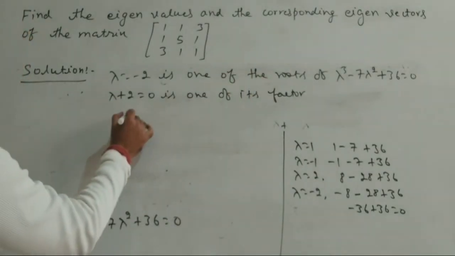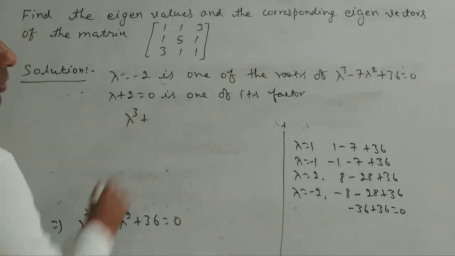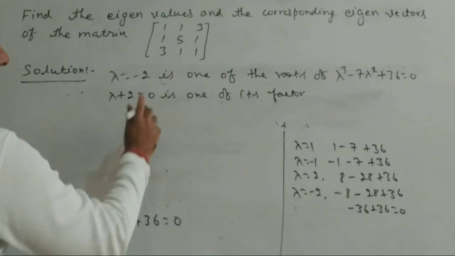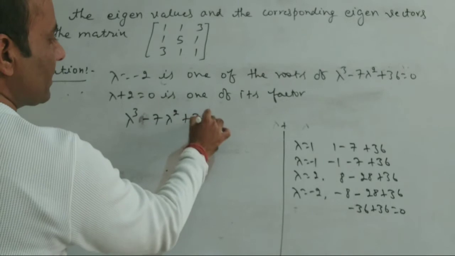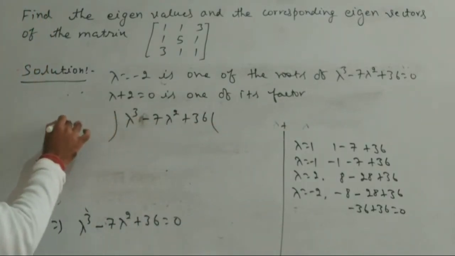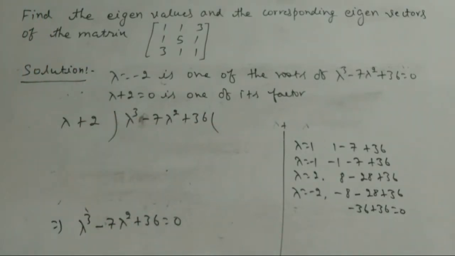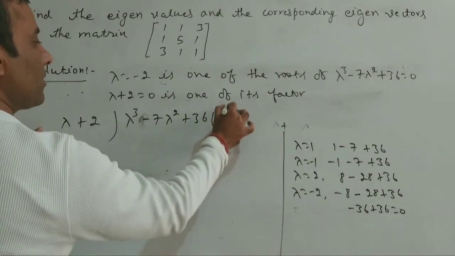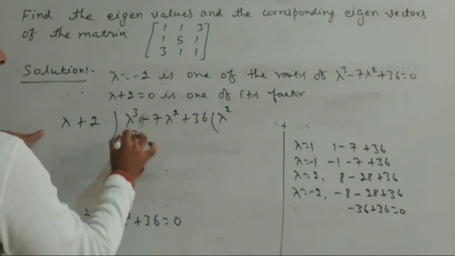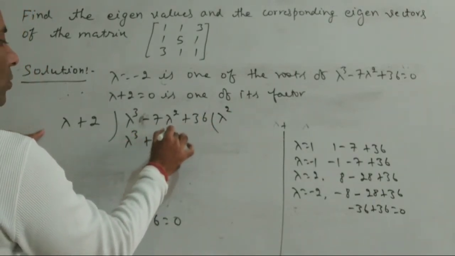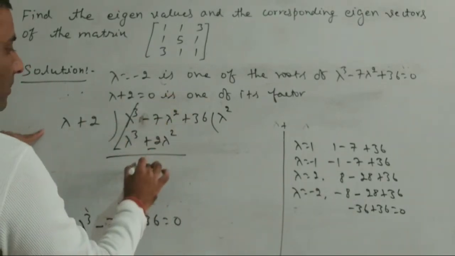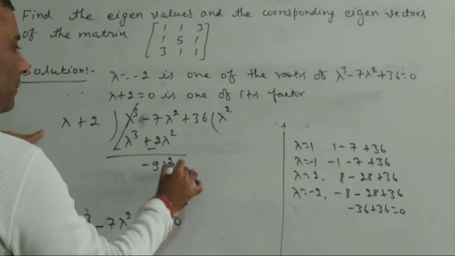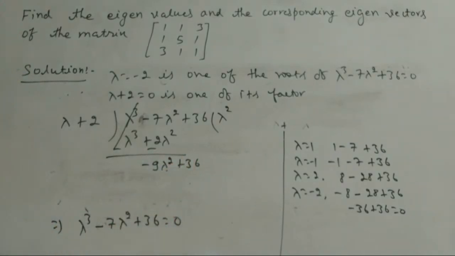Now divide the given equation, lambda cube minus 7 lambda square plus 36, by lambda plus 2. Lambda cube plus 2 lambda square, minus, it becomes minus 9 lambda square plus 36.